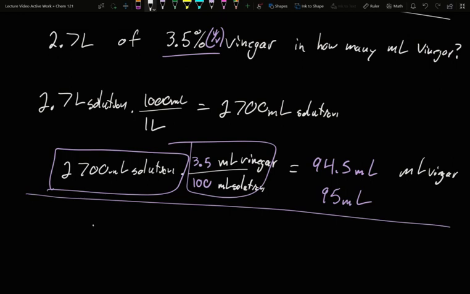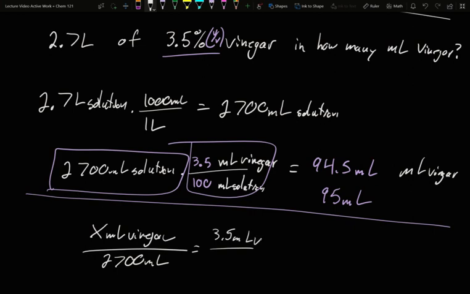We can say that, hey, there is an unknown amount of vinegar in 2,700 milliliters, but it has to be the same as 3.5 milliliters of vinegar that are in the 100 milliliters.